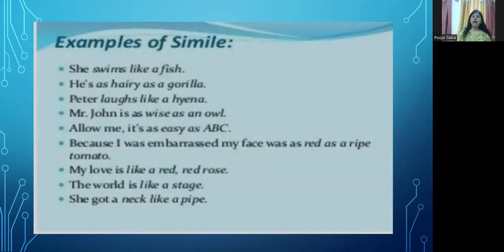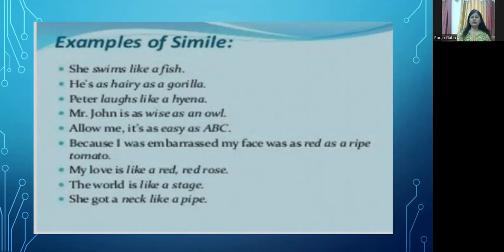Next one, he is as hairy as a gorilla. Means he has so much hair on his body that it looks like he has the hair like a gorilla. So here also we have the comparison using the words like or as. So when for comparison we use the words like or as, we say we have used simile.